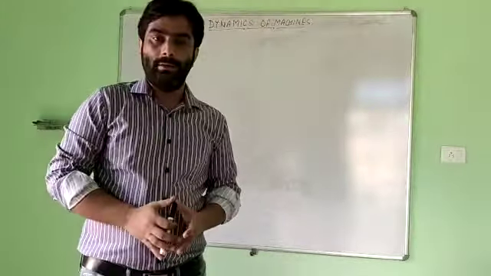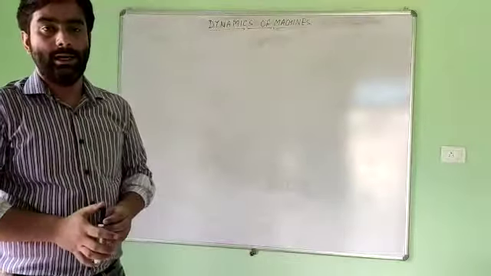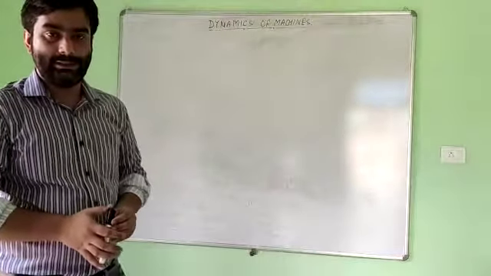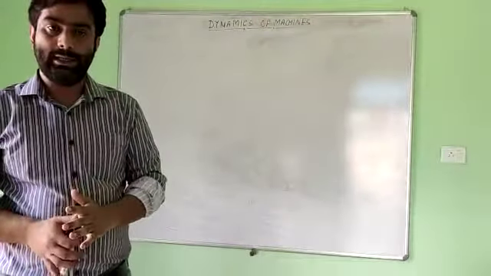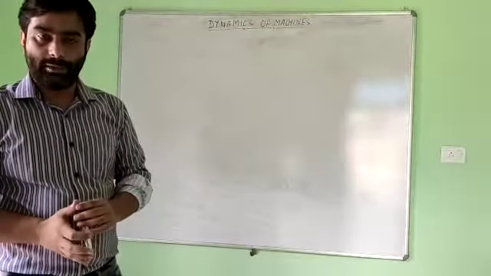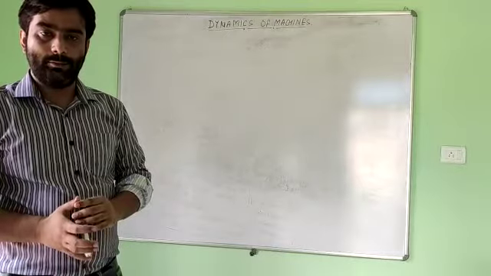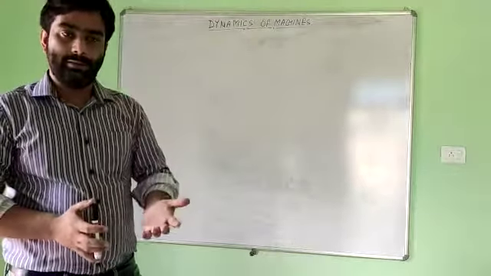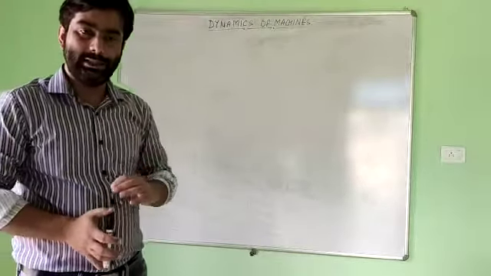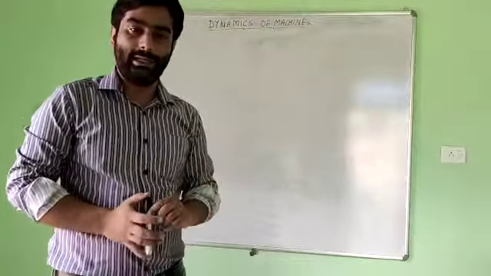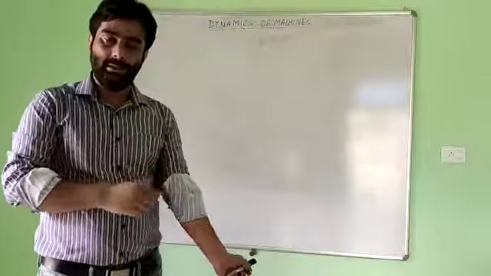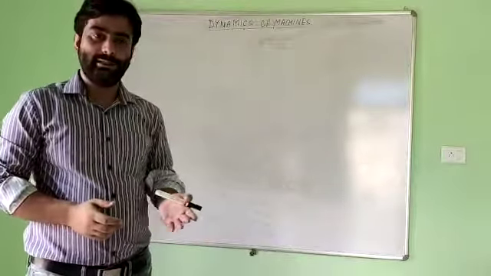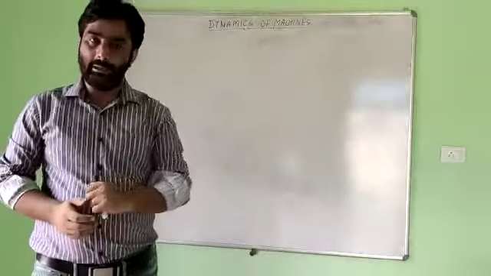Till now we have discussed the static force analysis. In the last lecture we have done one numerical on the 4-bar mechanism. So we have discussed that if a mechanism is in static equilibrium, then each and every component, every element of that mechanism will be in static equilibrium.